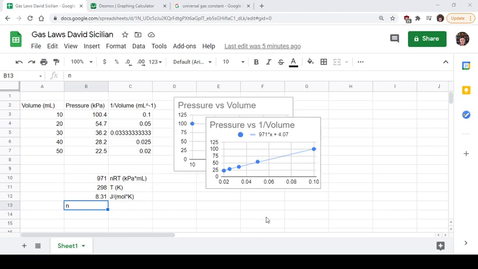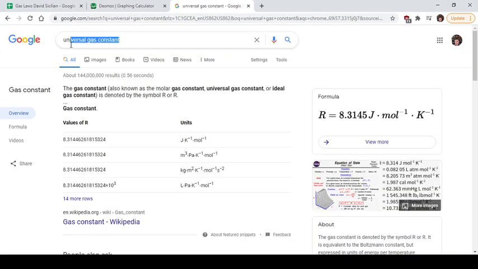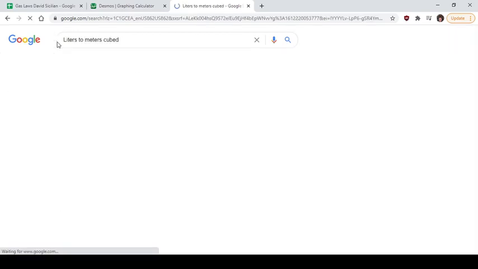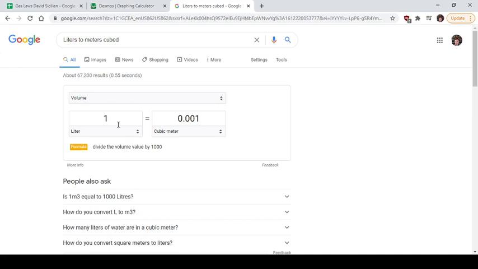If you just go to Google and say liters to meters cubed, it should give you a conversion factor that for every 1 liter you have 1,000th of a meter cubed, or 0.001 meters cubed.